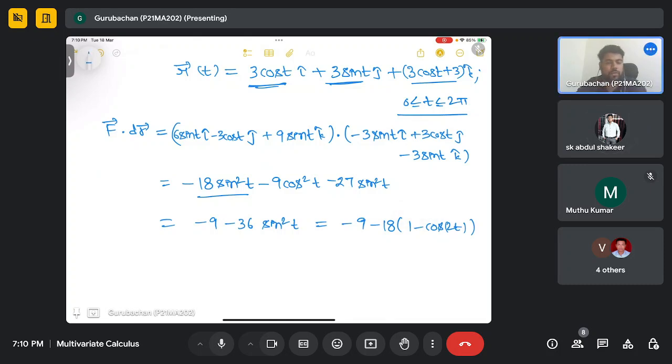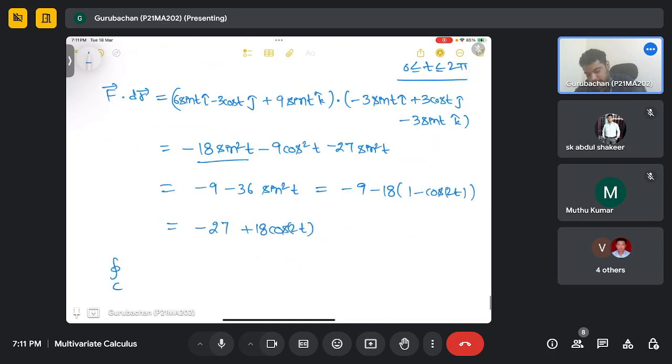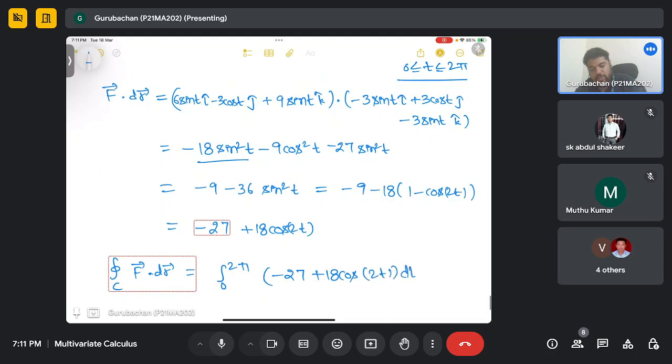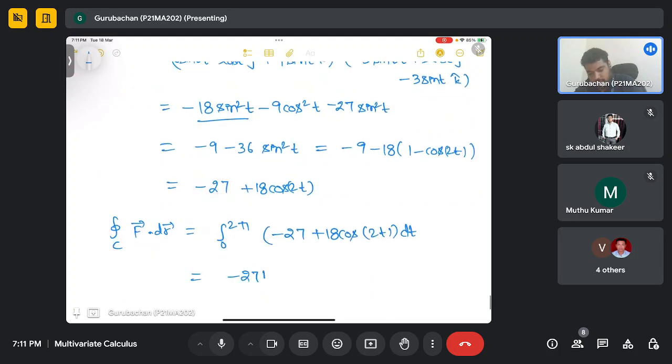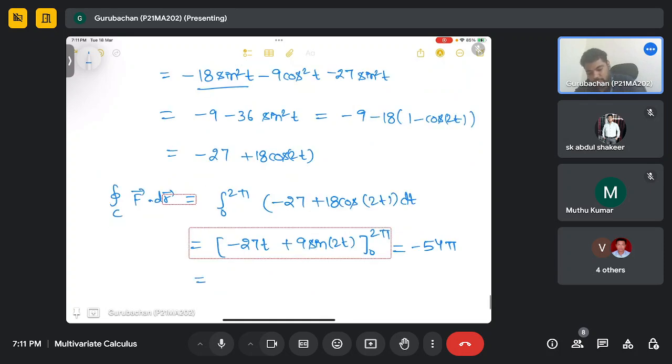So it will give you minus 18 minus 9, which is minus 27, plus 18 cos 2t. Now you have to calculate the integral over C of F dot dr, with t varying from 0 to 2 pi: minus 27 plus 18 cos 2t dt, which is minus 27t plus 9 sin 2t from 0 to 2 pi, giving minus 54 pi.